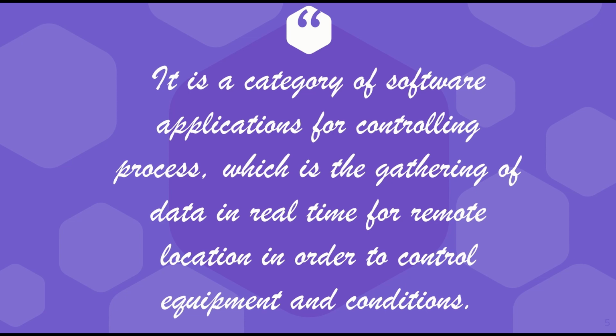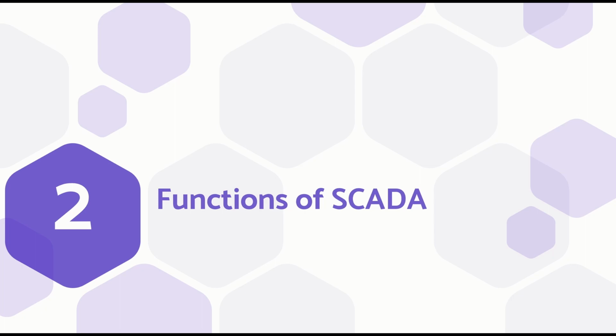So basically SCADA is a software application that is used to control a process, whether it is a sewage treatment plant process or a fermentation process or a factory operating process, which will capture all the real-time data and show it to the user in order to control the situations and conditions. So functions of SCADA.